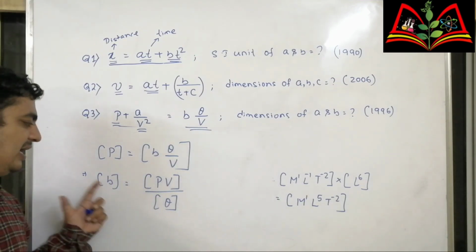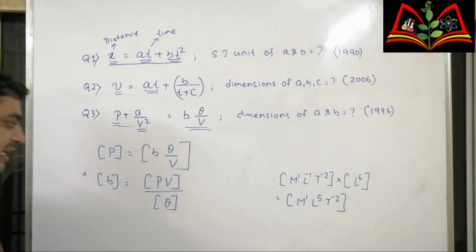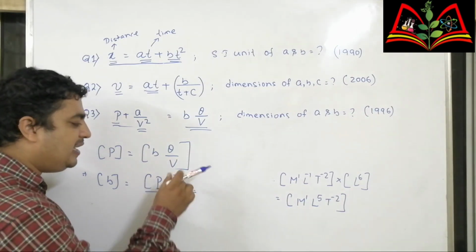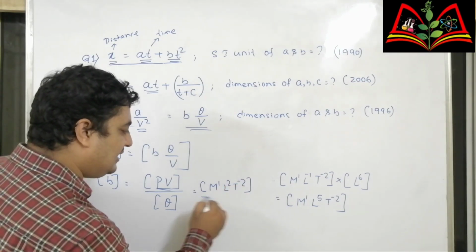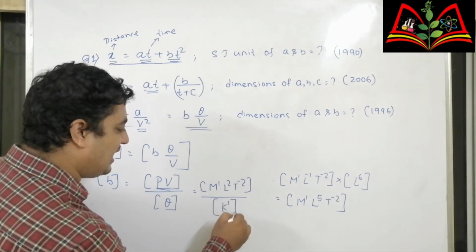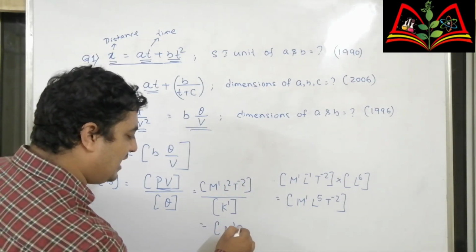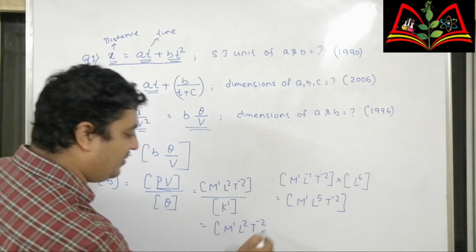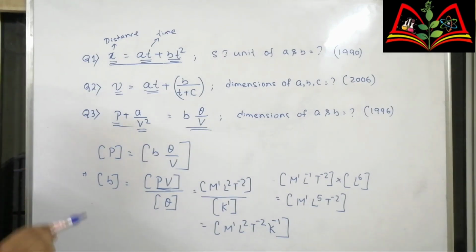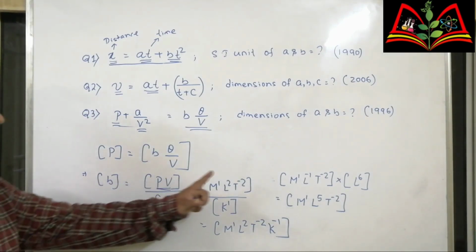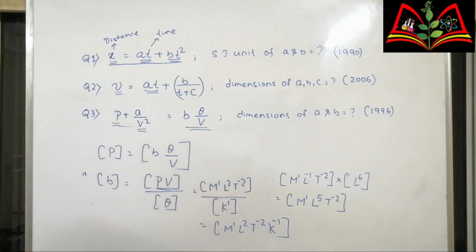Now you can calculate the dimension of B easily. But remember, pressure into volume is equal to work. So PV has the dimension of work and theta has the dimension Kelvin. So it becomes M to the power 1, L to the power 2, T to the power minus 2, K to the power minus 1. In this process, we can find the dimension of B.